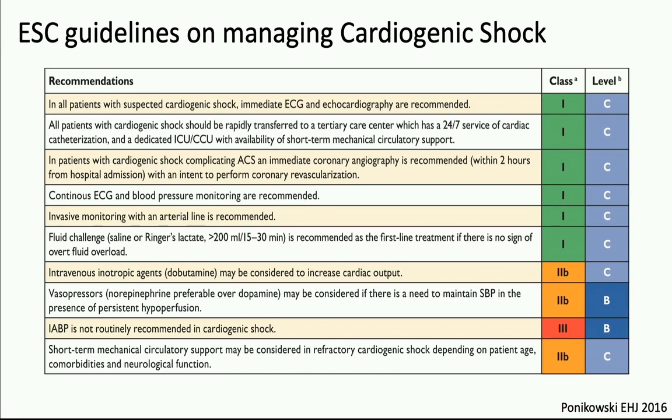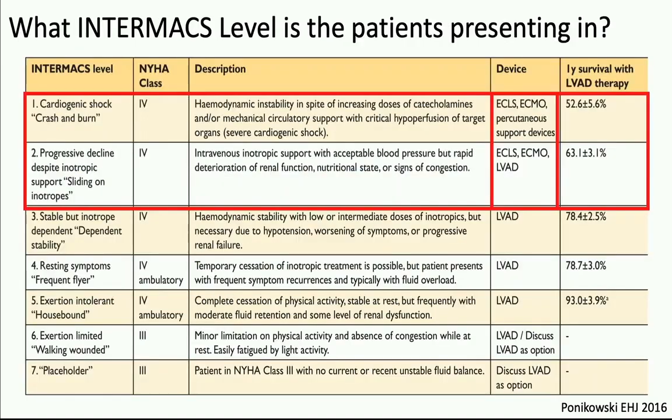When it comes to treatment, there's hardly any green class 1 indication. The closest we've got is a nice study showing that intra-aortic balloon pumps don't work. It's now a class 2B indication, but we still use it. Our focus and attention for managing acute heart failure syndromes and cardiogenic shock has shifted more towards mechanical circulatory support, which I'll go over in a moment.